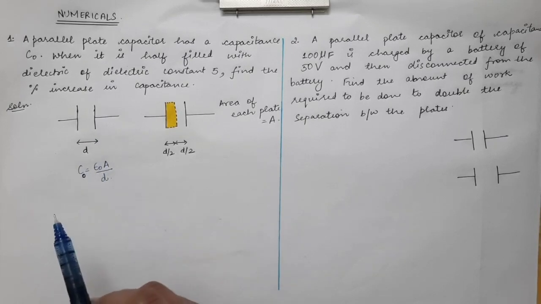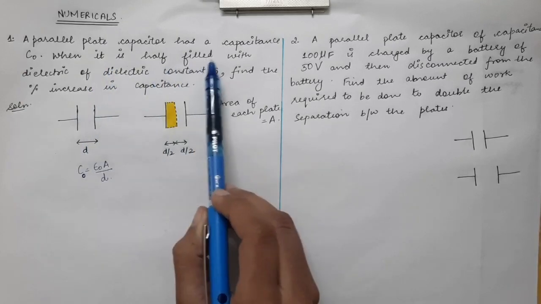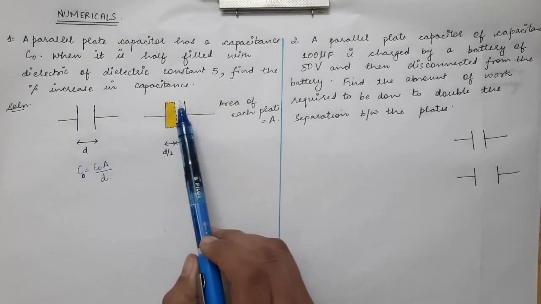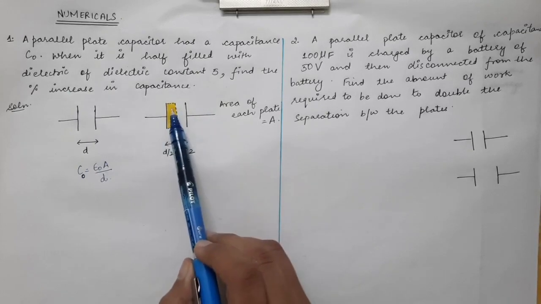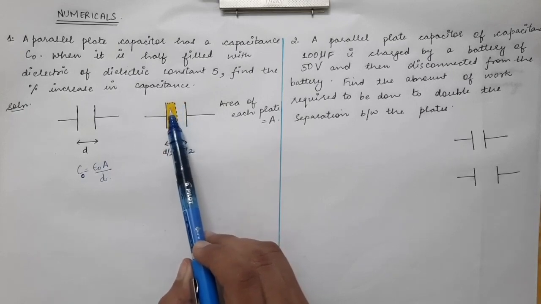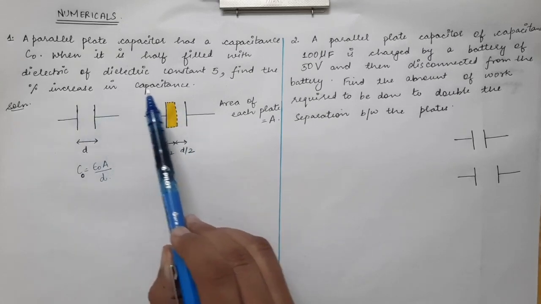Now we are given that this capacitor is half filled with dielectric. Half of the space between the plates is covered with the dielectric and half of the space is still empty vacuum. We have to find the percentage increase in the capacitance.